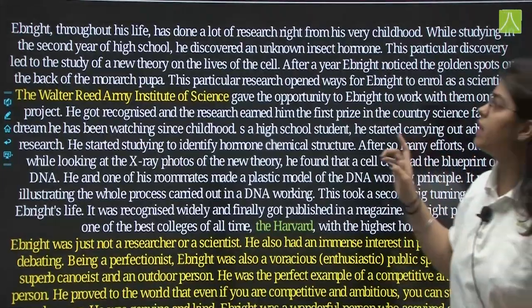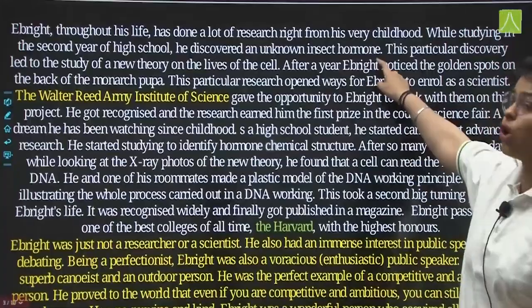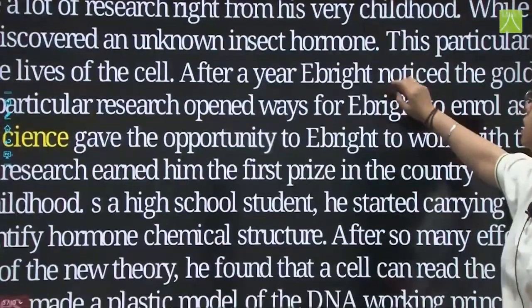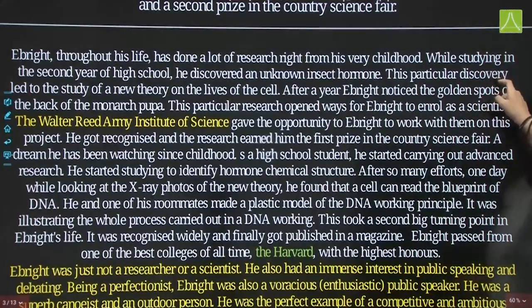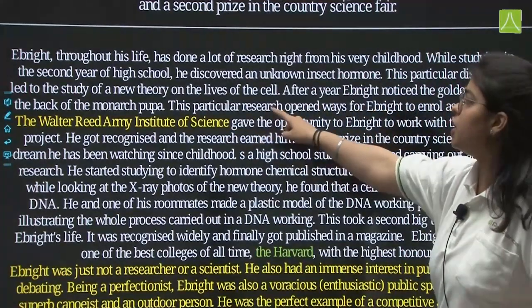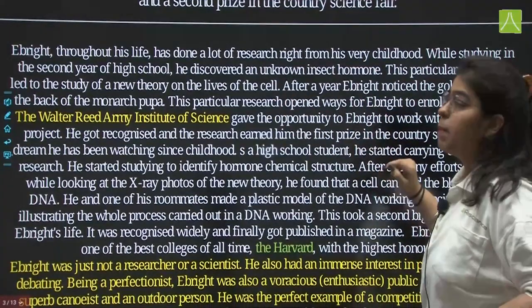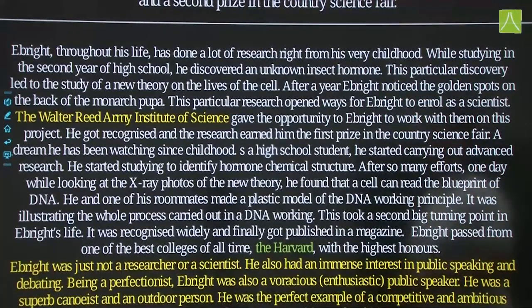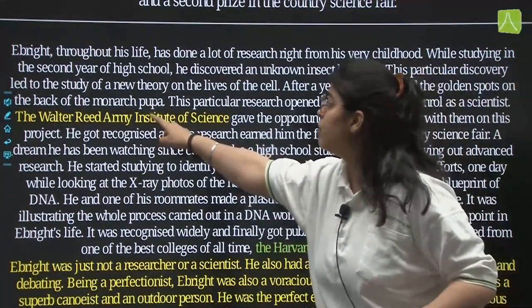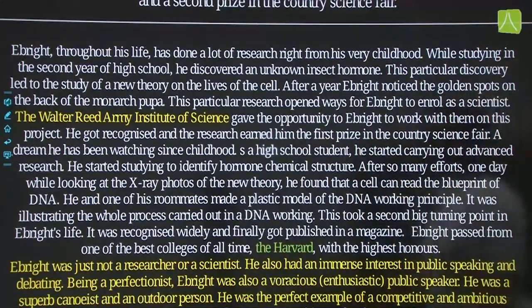While studying in the second year of high school, he discovered an unknown insect hormone, and this discovery led to the study of a new theory on the life of the cell. This has to be marked important. After a year, Ebright noticed golden spots on the back of the monarch pupa. This research opened the way for Ebright to enroll as a scientist.